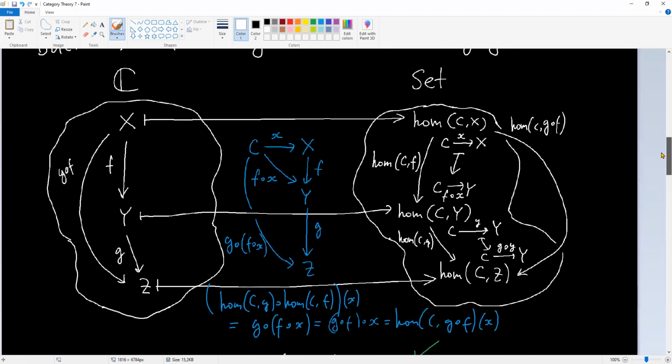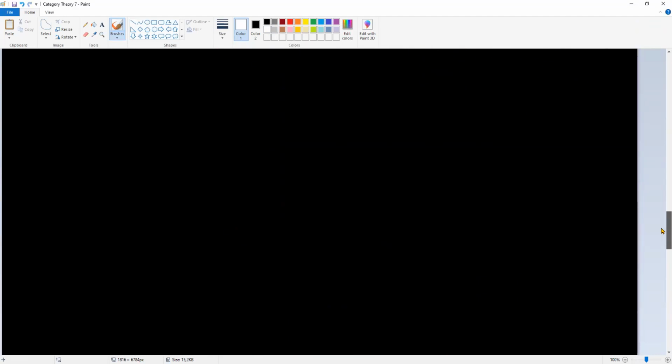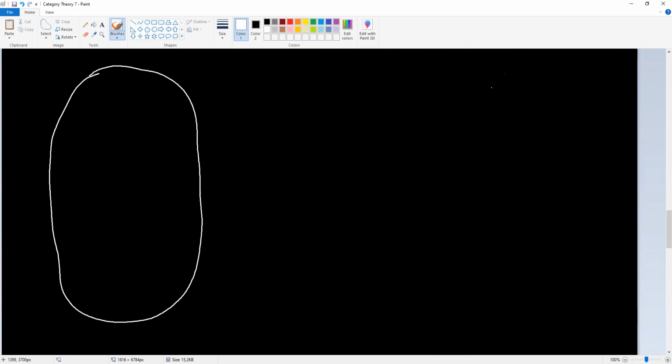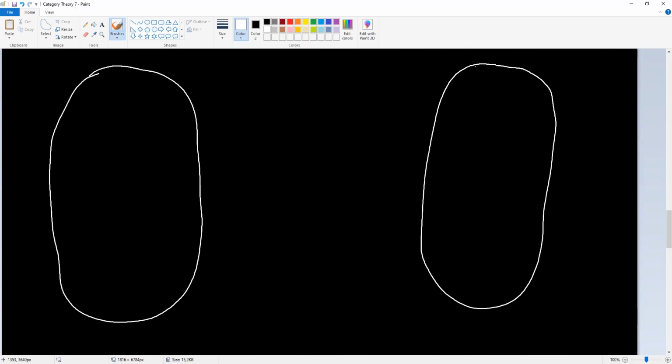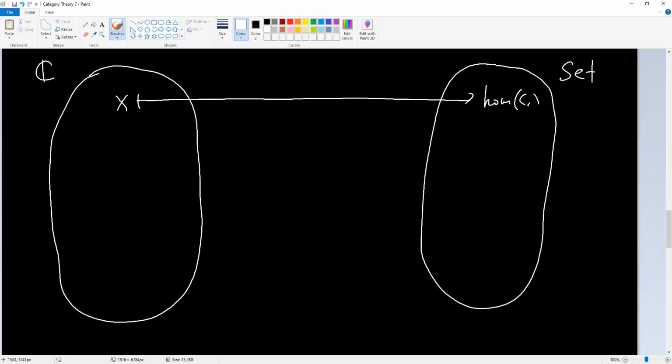Okay, so summarizing what we've established so far, we've got these two categories, the category C and the category of sets. Every object in C gives rise to a set. It's a way of thinking of X as a set.